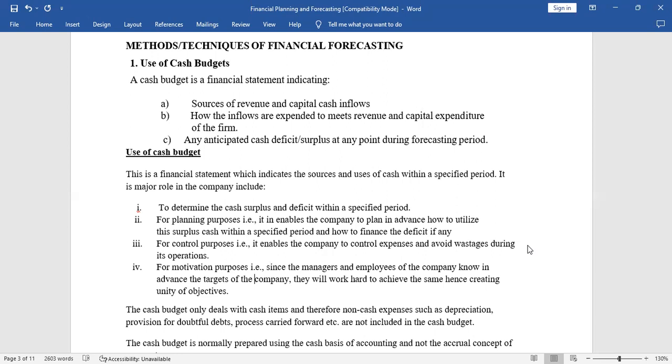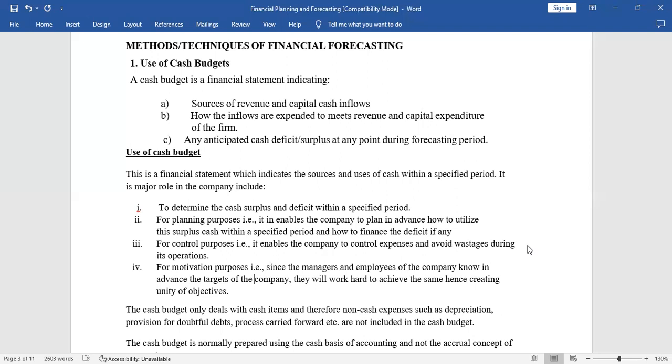It also assists in knowing how the inflows will be expended to meet the revenue and the capital expenditure. Of course, if there are any anticipated cash deficits or surplus, then it helps in forecasting for the period under budget. So the major role of the cash budget is to determine the cash surplus or deficit.